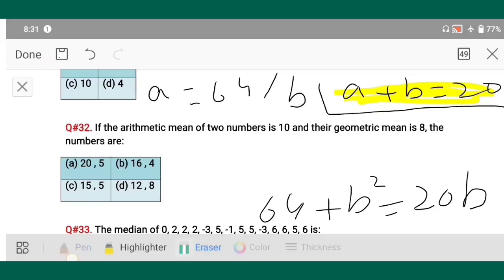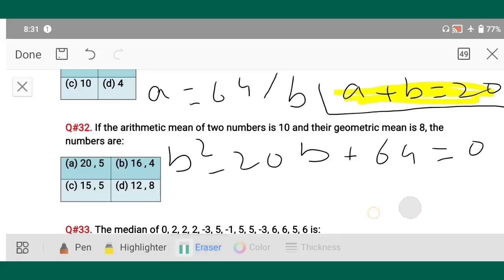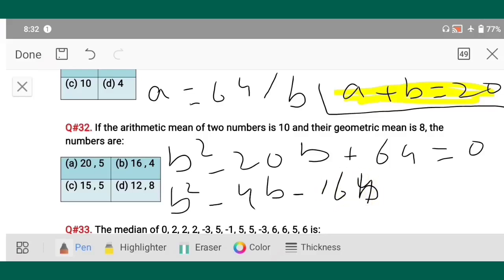So arrange this: b square minus 20b plus 64 is equal to 0. Just factorize it. The two factors are minus 4b and minus 16b, plus 64 equals 0.